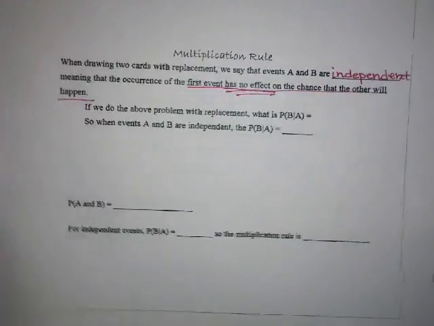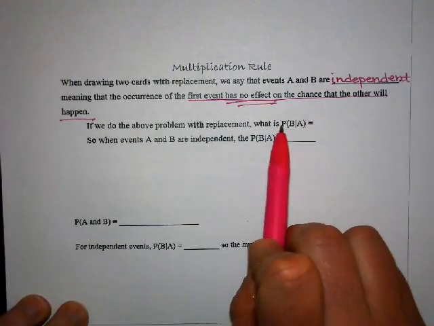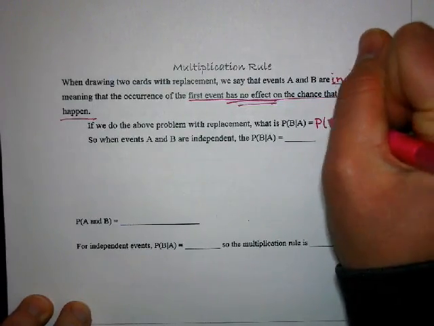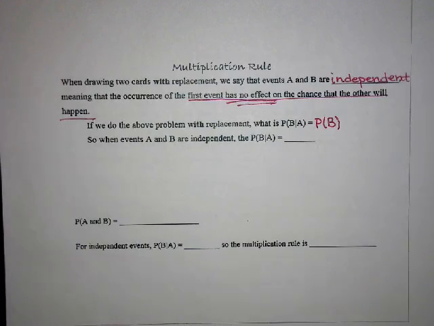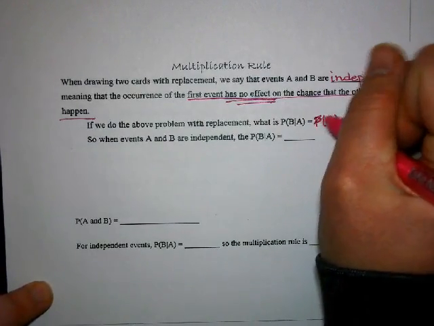So when we did the above problem with replacement, the probability of B given A was the same as the probability of B. So when events A and B are independent, the probability of B given A, sorry, I wrote the wrong thing here.